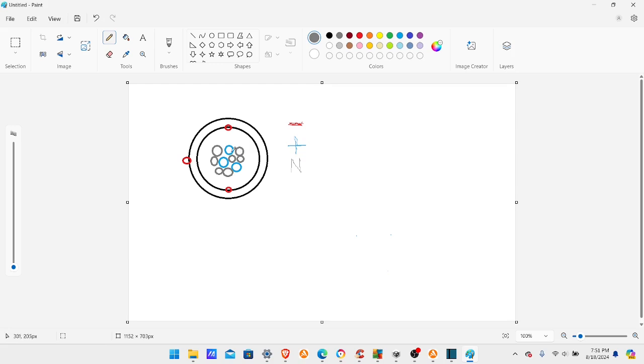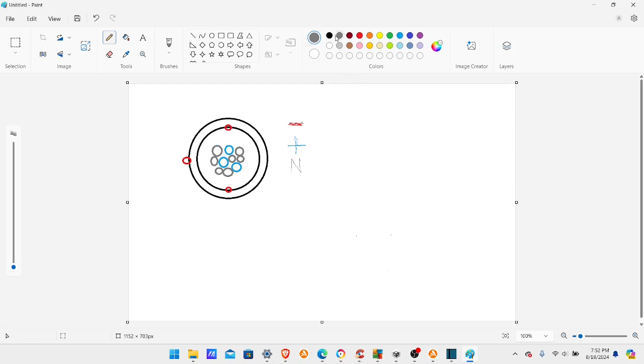So, like I said before, the job of the neutrons is to hold the nucleus, the center of the atom, together. This model isn't to scale, but I'm just trying to represent all the things that make up an atom.